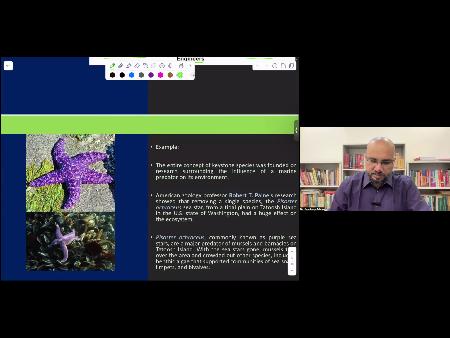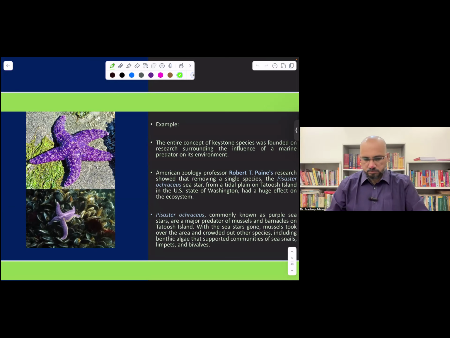We'll start with the OG, the original keystone species. The keystone species concept came from this particular species. So this is the original example, the starting point of this concept.